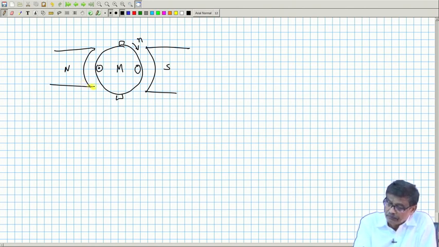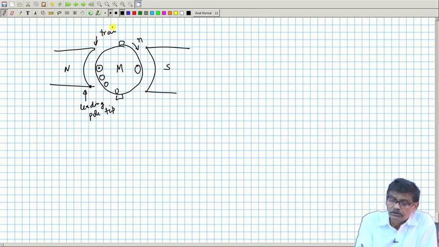This one is the leading pole tip, because these are the conductors. It is moving, so it will first see this one. This is the leading pole tip, and this is the trailing pole tip. It has nothing to do with north or south, that is what I want to emphasize.